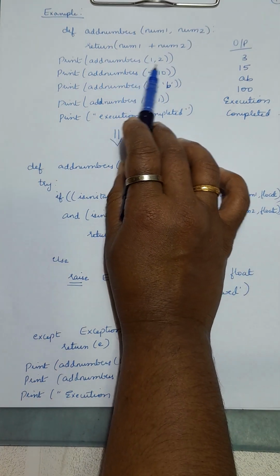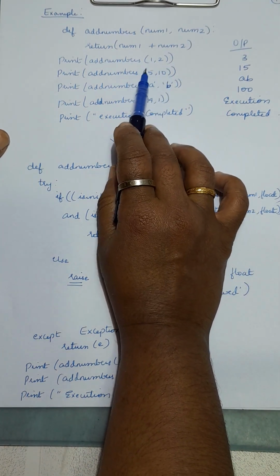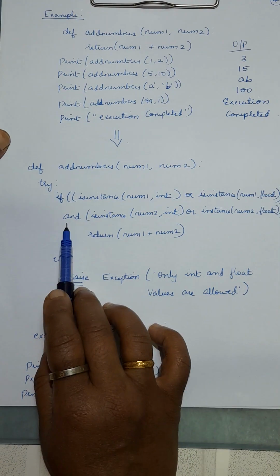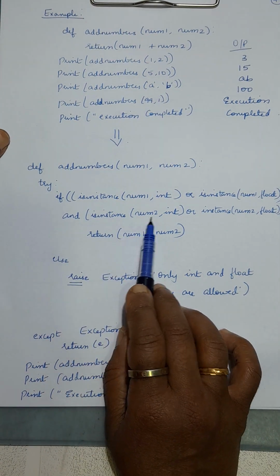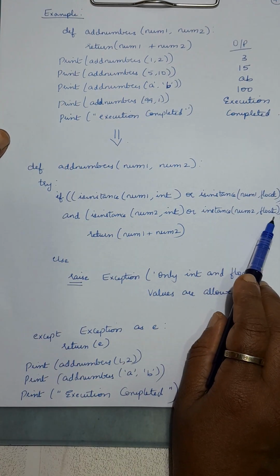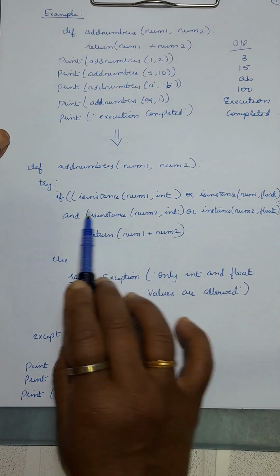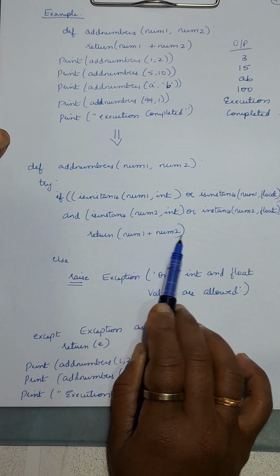You can add either integer or float, or float and integer, float and float, integer and integer. And isinstance num2 should be an integer or num2 should be a float. If this holds good, only then I have to return num1 plus num2.